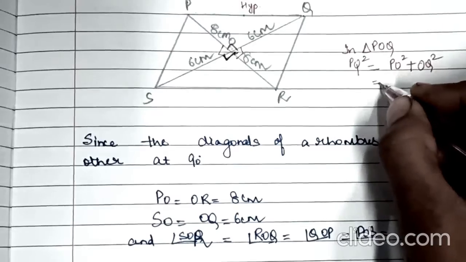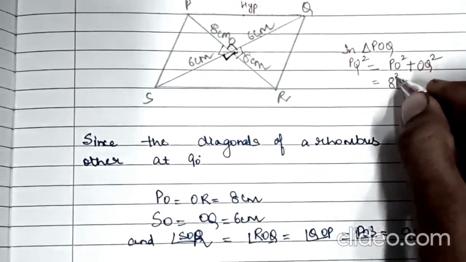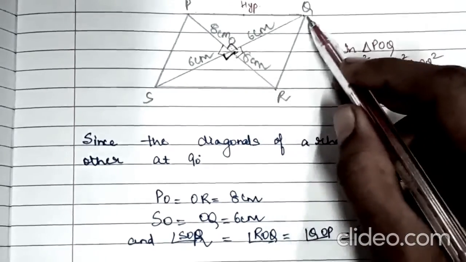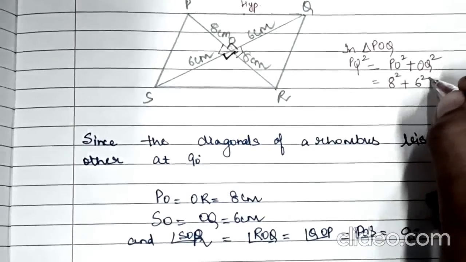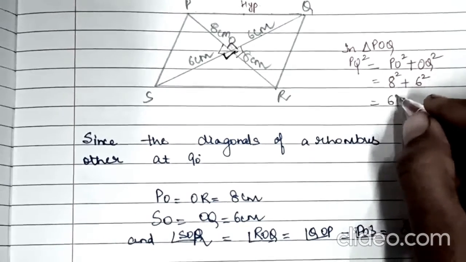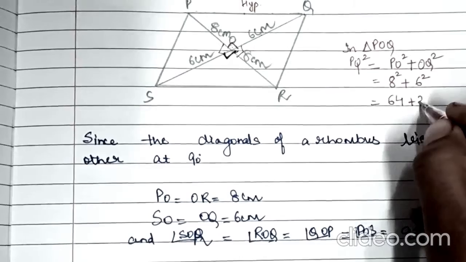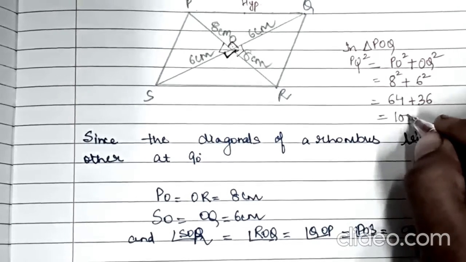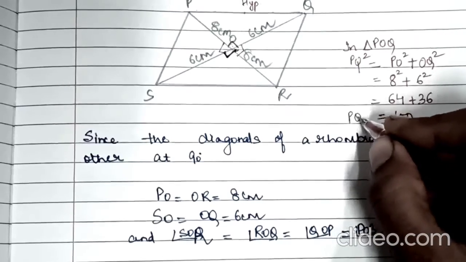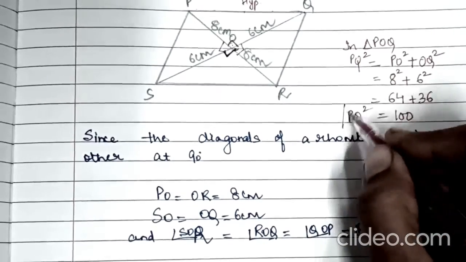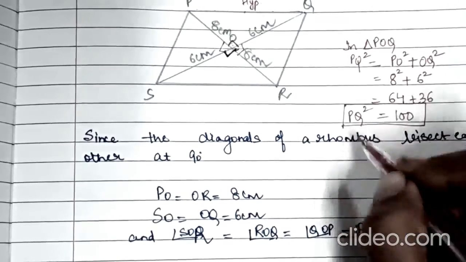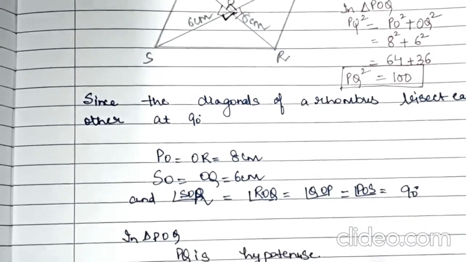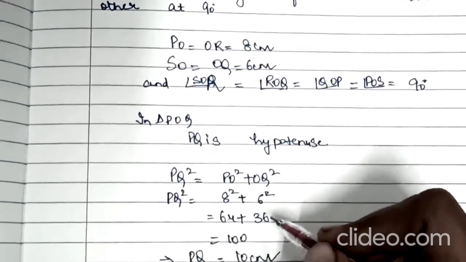So PO is 8 square, OQ is 6 square, that is 64 plus 36 will give us 100. So PQ square is equals to 100, means PQ will be 10 centimeter.